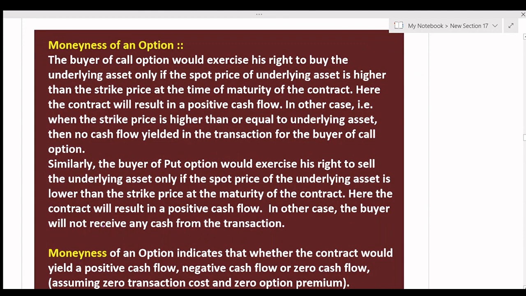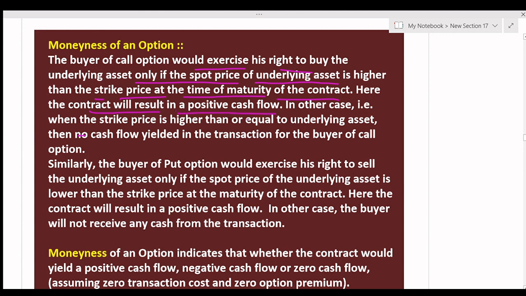Now come to moneyness of option. The buyer of a call option would exercise his right to buy the underlying asset only if the spot price of the underlying asset is higher than the strike price at the time of maturity of the contract. Here, the contract will result in a positive cash flow.